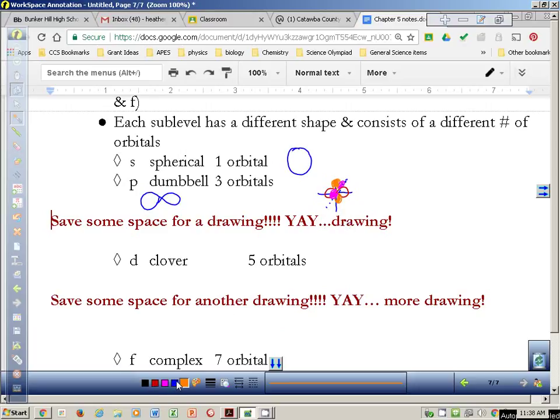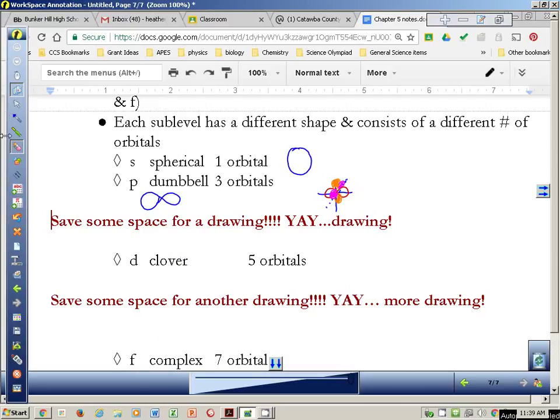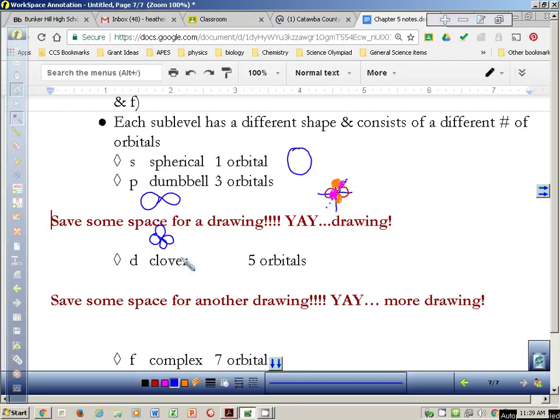Okay, for D. D is shaped like a clover. Usually what I draw for students looks kind of clover-leaf. That's a really bad clover. Don't draw a clover like I draw a clover. Maybe I'd be better off to do like 2 dumbbells, one up. There we go. That's more clover-like. But that's really oversimplified. It's kind of complicated.